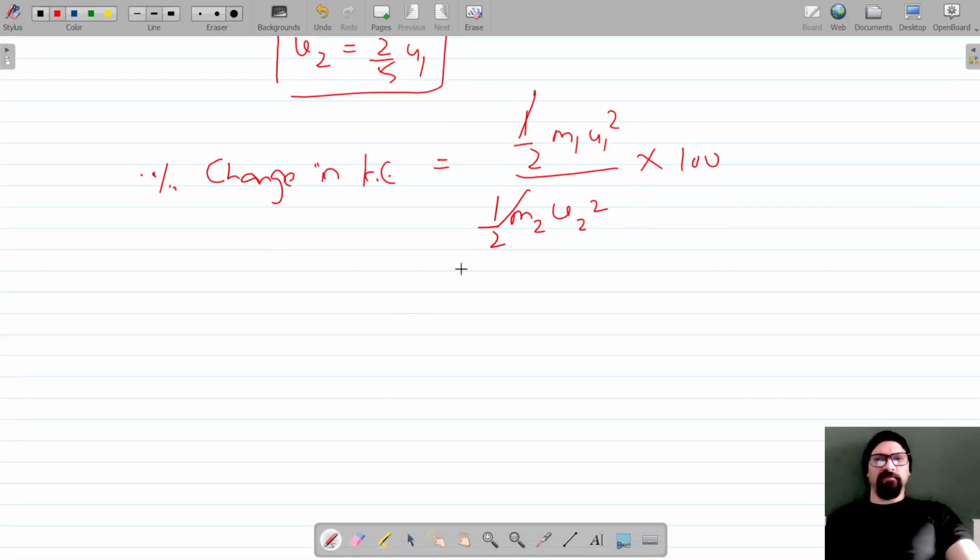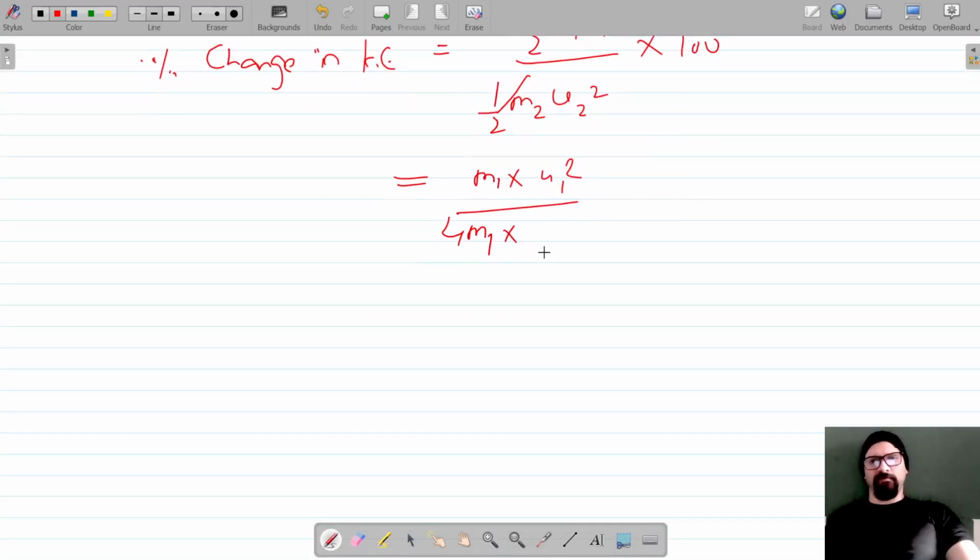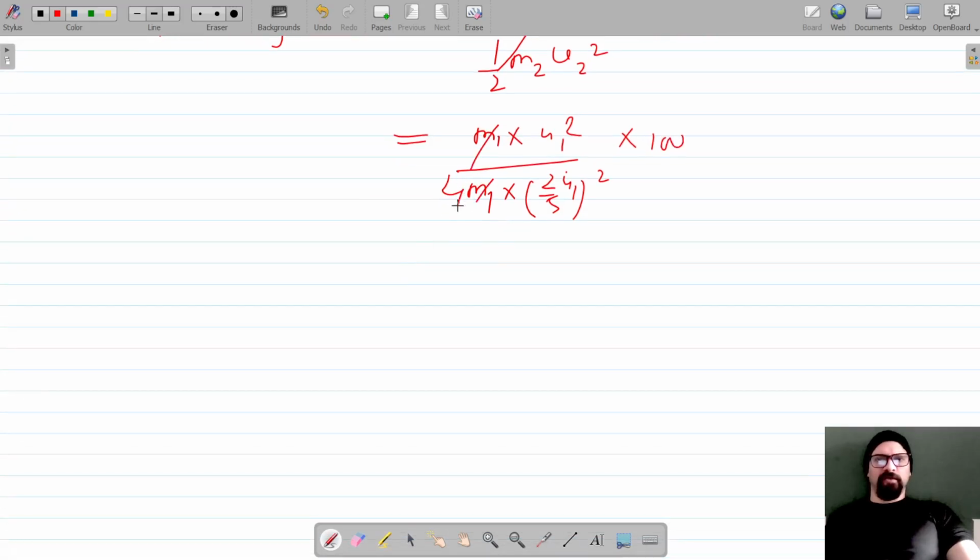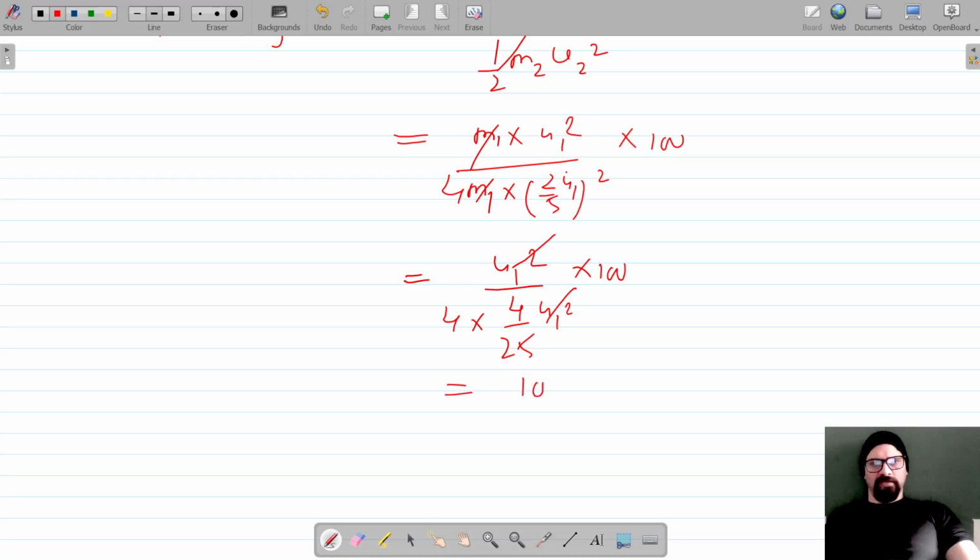Half and half get cancelled, and now it's m1 u1 square upon m2, which is 4 times m1, into v2, which is 2 by 5 u1, the whole square, into 100. m1 and m1 get cancelled, u1 square gets cancelled, and this is now 100 into 25 by 16.